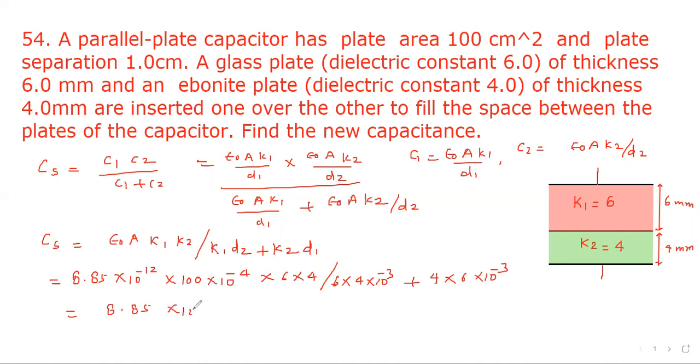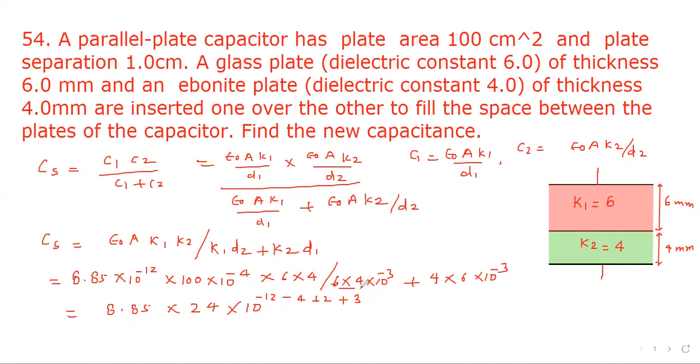So it becomes 8.85 into 10 to the power, and from here it will be 24, so we write it as into 24 times 10 to the power. We find the sum of all powers: minus 12 minus 4, from here plus 2, and from here plus 3.